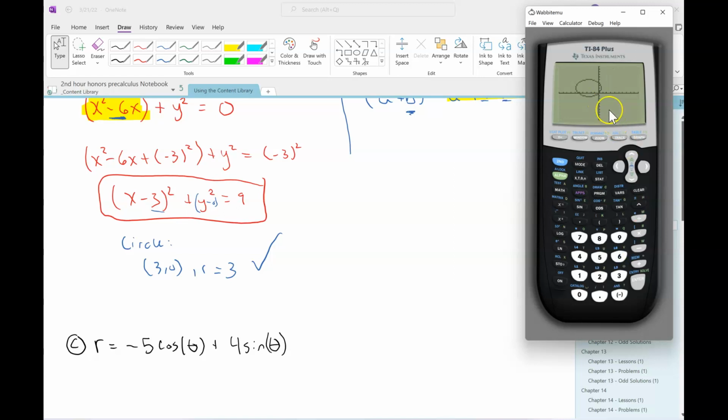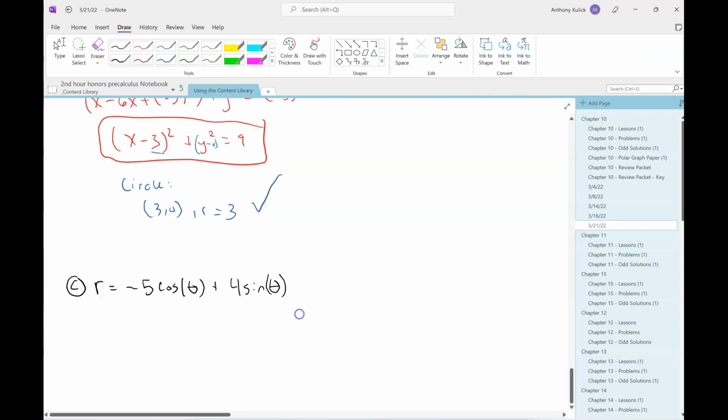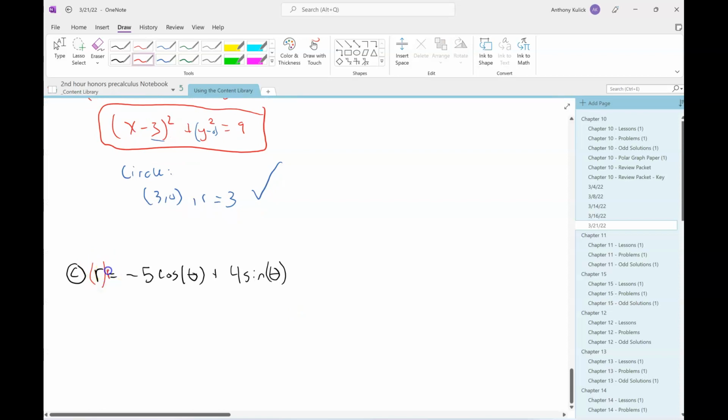Oh, booger schnitzels, it looks like another circle. Well, that's okay. We've just seen how to deal with this. What's my first step going to be? Multiply both sides by r, right? That'll get me the r squared on the left-hand side, which is cool.